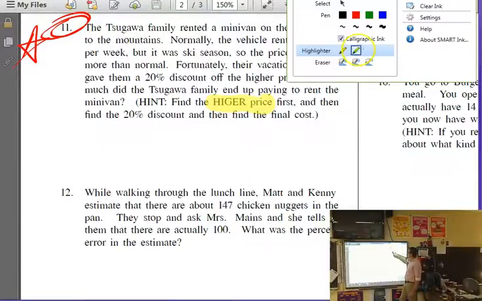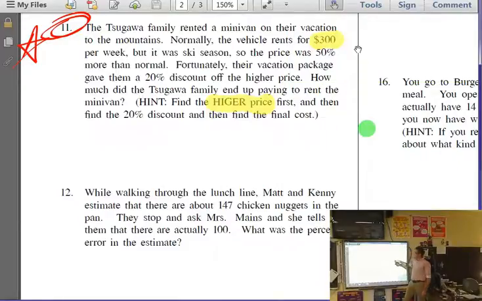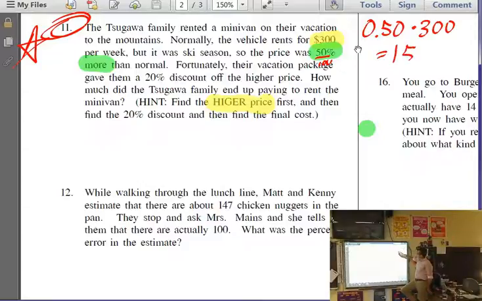Because it was peak ski season, these rentals are going to be 50% more than normal. So the first thing I can figure out is, what is 50% of the rental? Well, 50% of the rental, percent, again, tells me divide by 100. When I divide by 100, I get 0.5 of the normal rental, and I get 150.